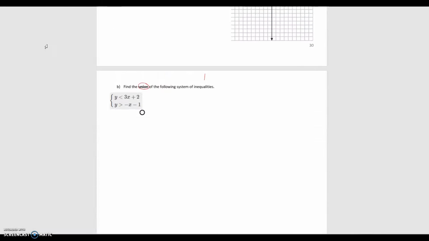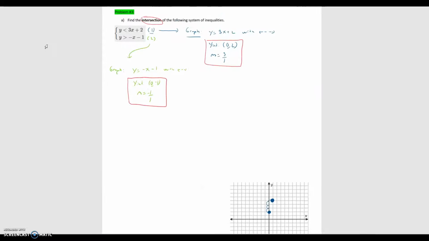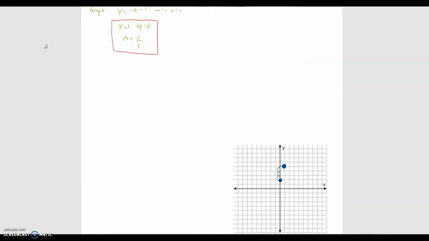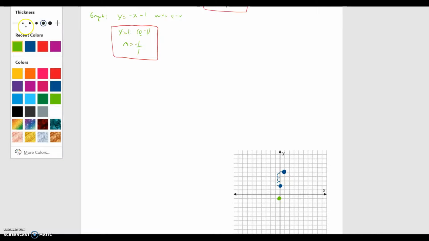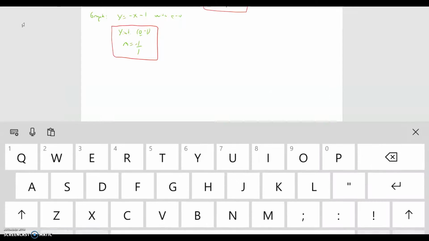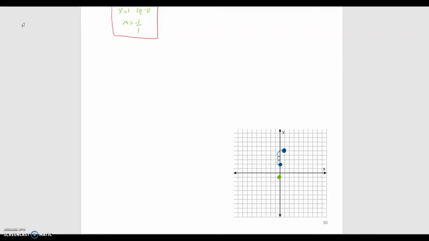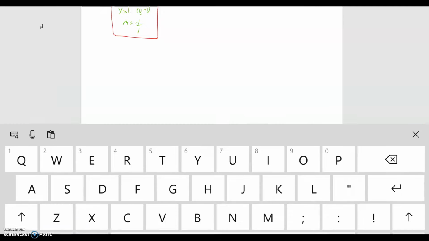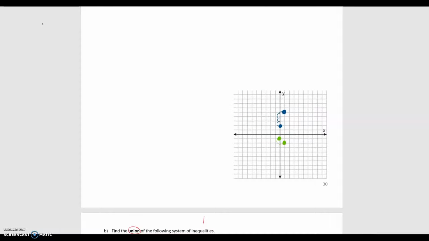For the second line, we're looking at a y-intercept of 0, negative 1. So technically here. And then we're going to have a slope of negative 1. So that means we go 1 down and then 1 to the right. Our second dot is going to be in this position here.